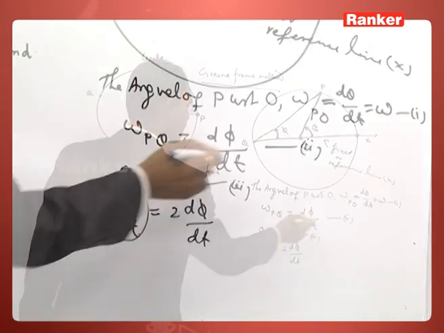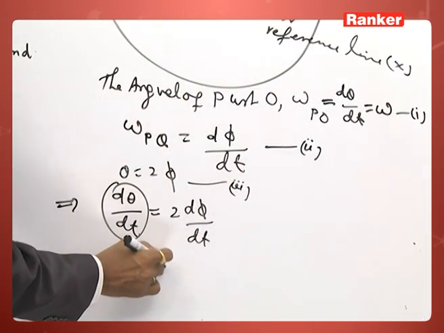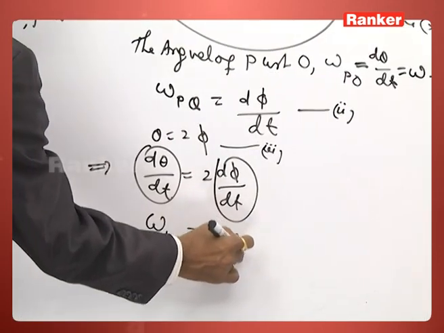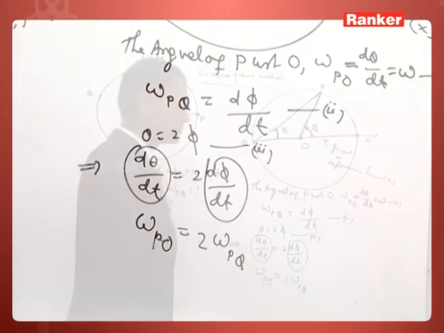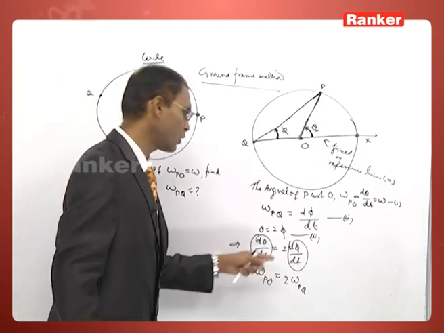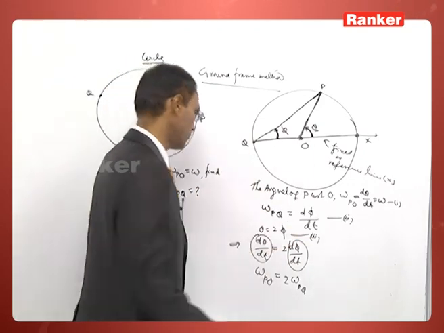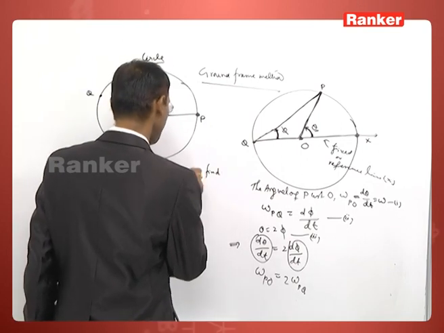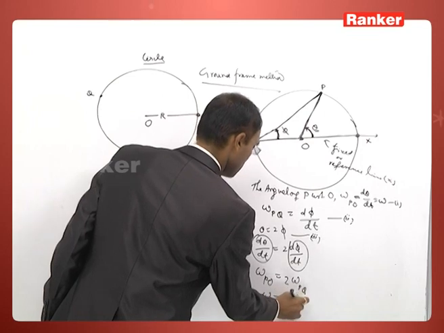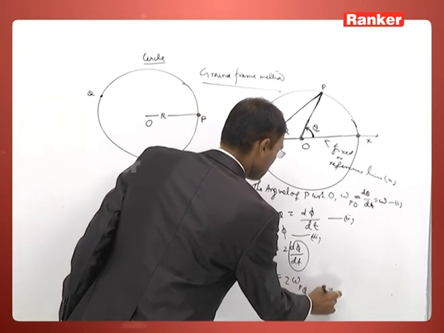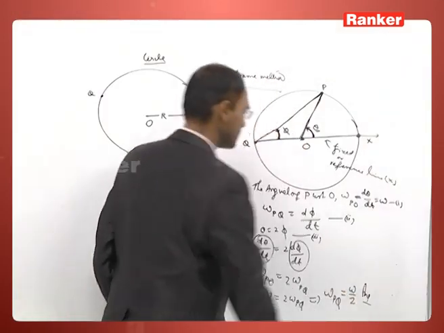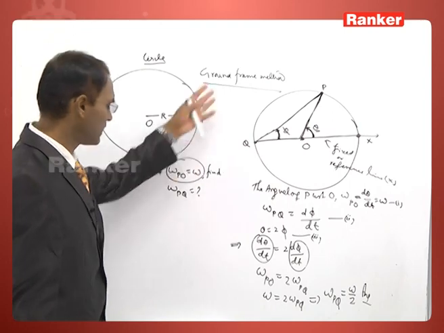But d theta by dt is defined as the angular velocity of P with respect to O, and d phi by dt is defined as angular velocity of P with respect to Q. So angular velocity of P with respect to O is equal to twice the angular velocity of P with respect to Q. If angular velocity of P with respect to O is given as omega, angular velocity of P with respect to Q can be written as omega by 2. That's the answer. That's the ground frame method.